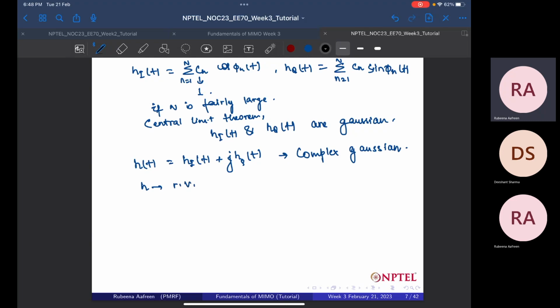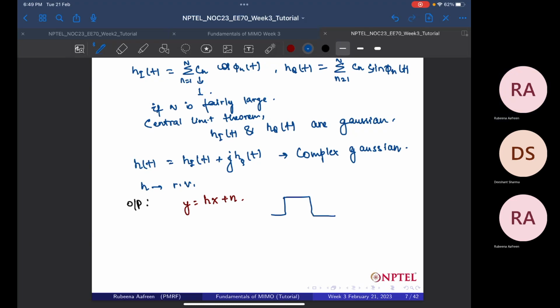At the output of the receiver, what happens is y equals to hx plus n. So initially we used to say that when there was no fading channel, the AWGN channel was there. So the signal was somewhat corrupted with noise. So if we had transmitted this, if AWGN was there, we will get some output like this.